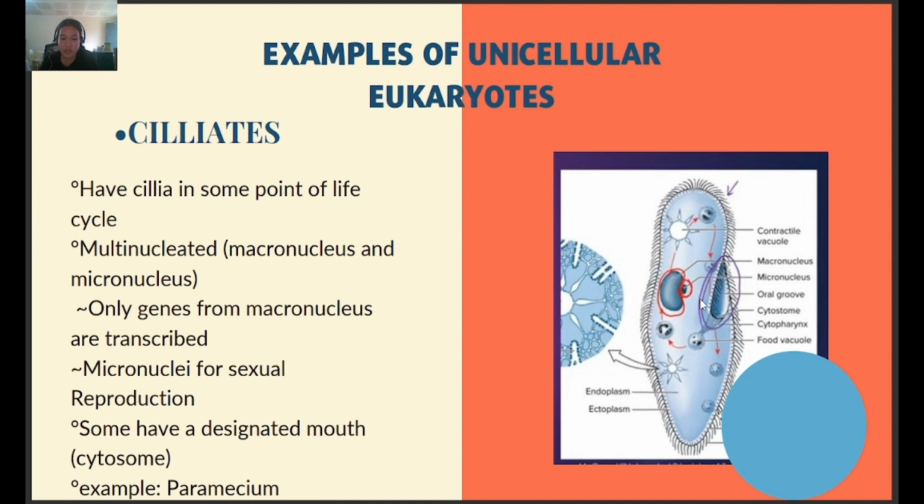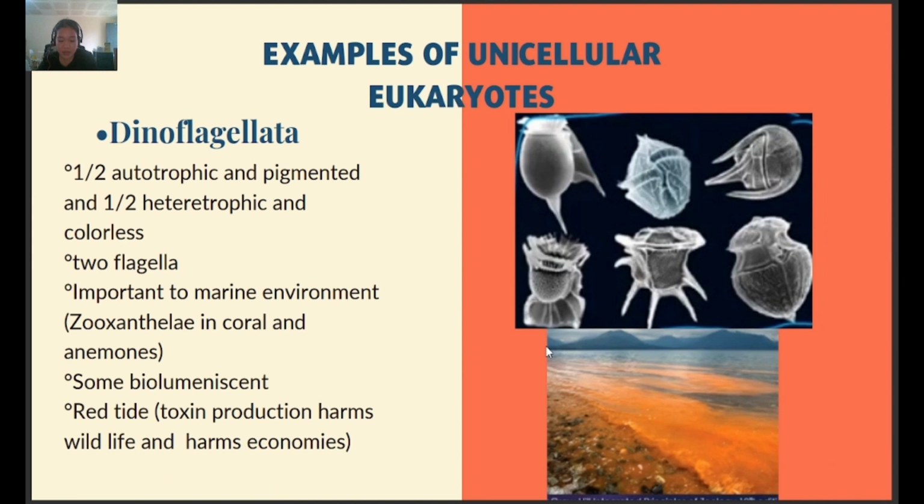Next are the dinoflagellata. They come in many sizes, shapes, and colors. These are some examples of dinoflagellata. Half of them are autotrophic and pigmented, and half are heterotrophic and colorless.